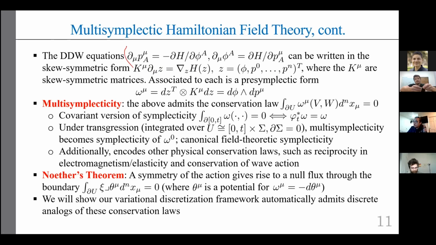This equation generalizes the one we saw in mechanics, where we had J partial 0 z equal to the gradient of H. Now on the left-hand side, we have one of these for each space-time direction. This is the classical form of a multisymplectic Hamiltonian system, and any Hamiltonian PDE can be expressed in this form.